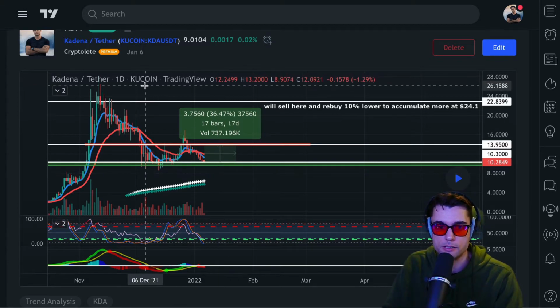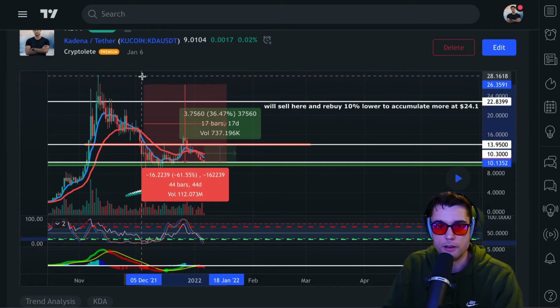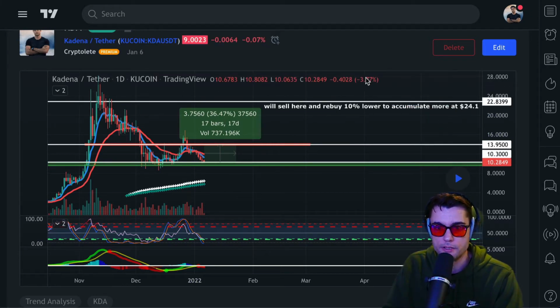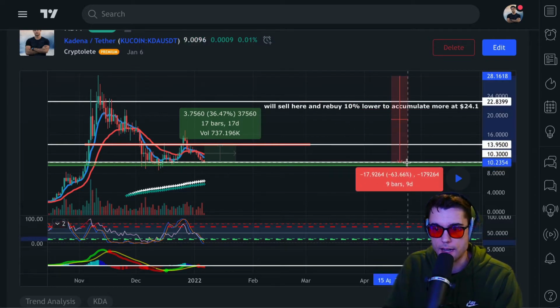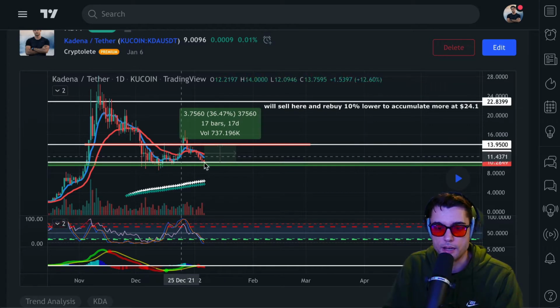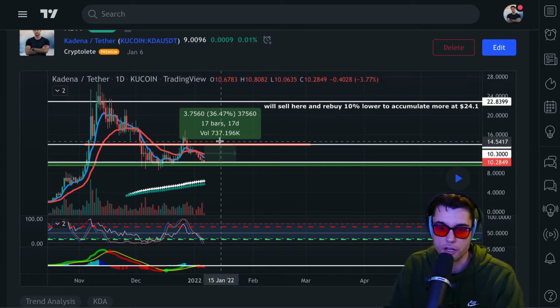I got KDA at nearly a 68% discount from the very top, if I could get it. I think there it is. Yeah, I got it. Oh, 64% discount from the very top, right? So I got a really good discount. So I was like, okay, I'm going to buy it here and then determine what happens, whether if it comes up, obviously I'll sell here.